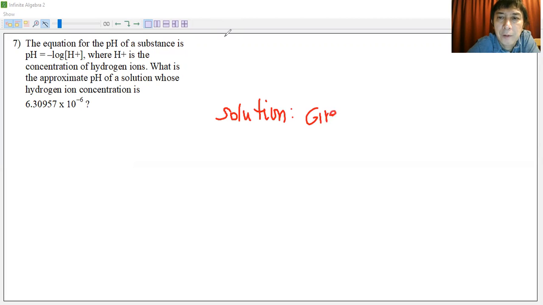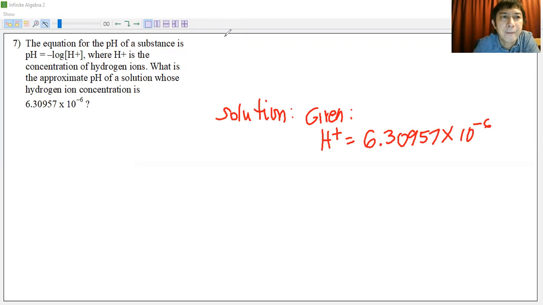Our given, we have the H plus at 6.30957 times 10 to the negative 6. All right. What is the approximate pH? All right, so this is our formula. pH is equal to negative logarithm of the H plus.